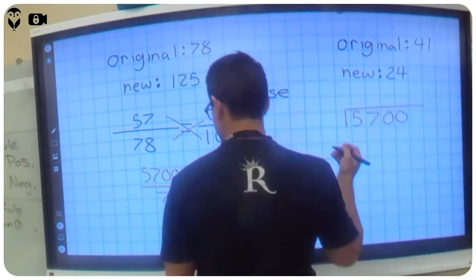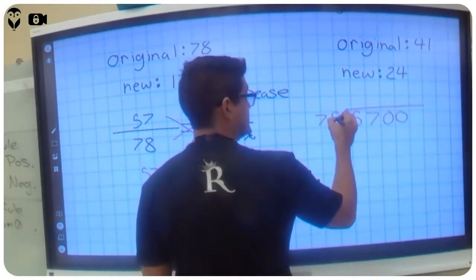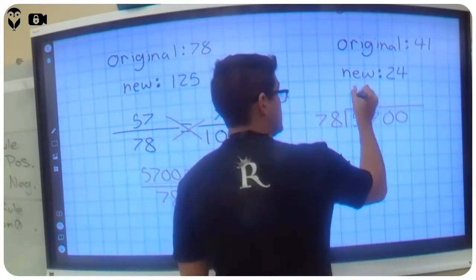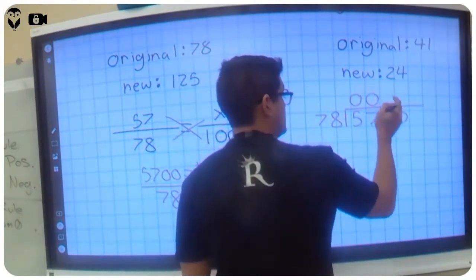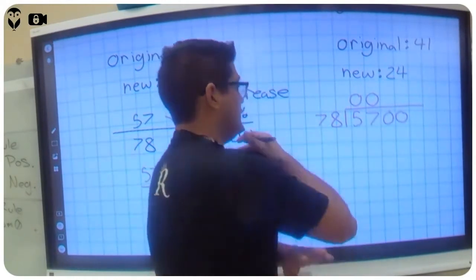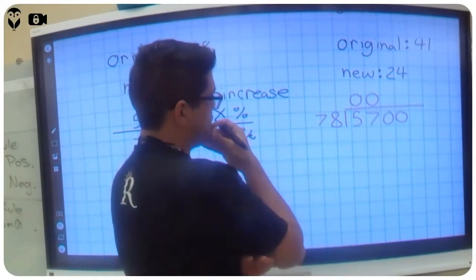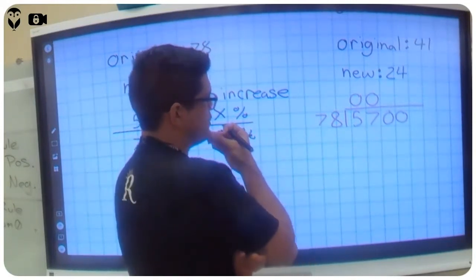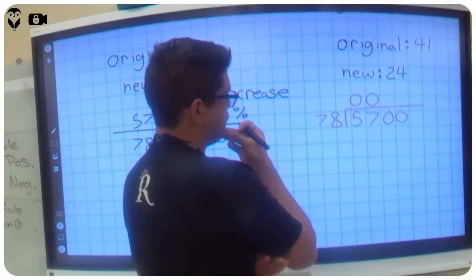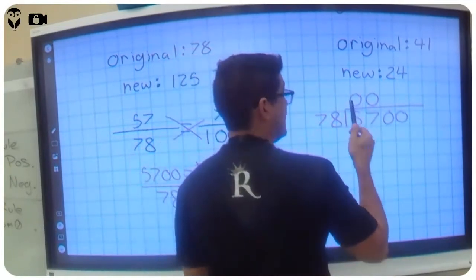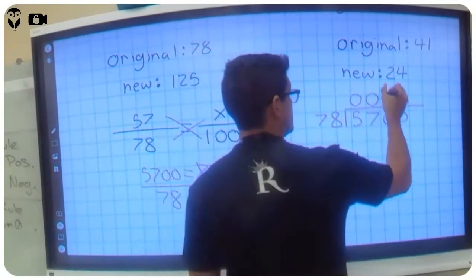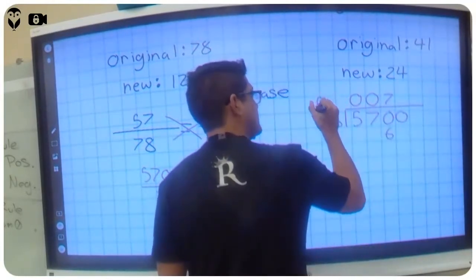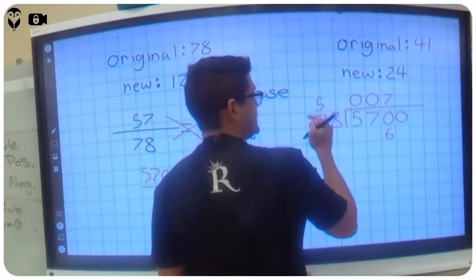divided by 78. Okay. So 78 does not go into 5. It doesn't go into 57, but it does go into 570. So 5 would be 390. So 6, 7. Let's go with 7. 7 times 8 is 56. 7 times 7 is 49 plus 5.